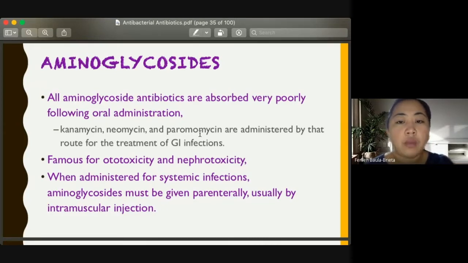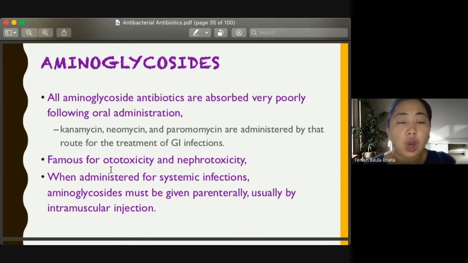They are administered orally for the treatment of GI infections, but we really have to monitor their absorption because they are easily degraded by our gastric juices. They are generally polar, ionized, and easy to degrade because of the amines and the glycosidic bonds.